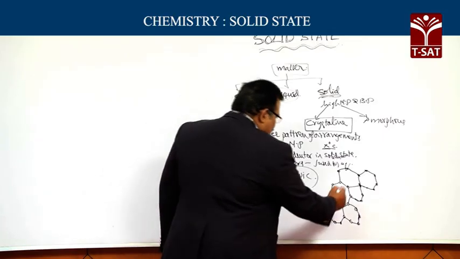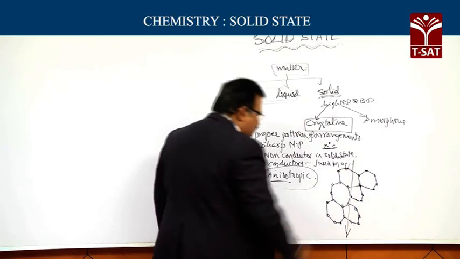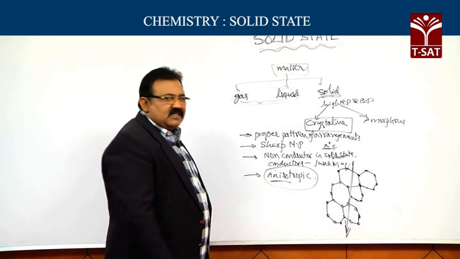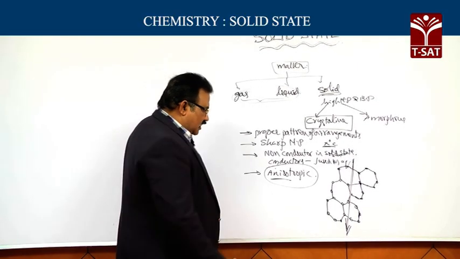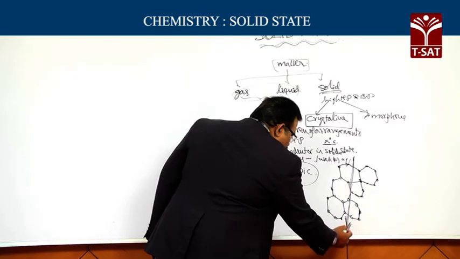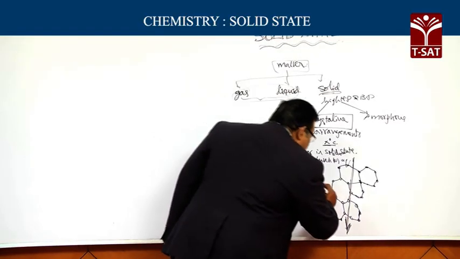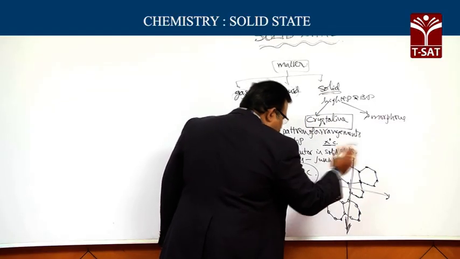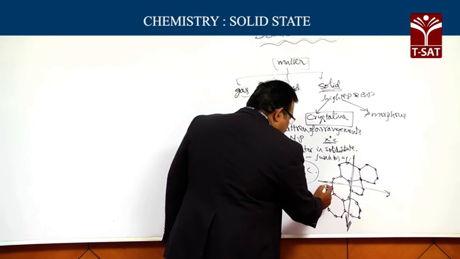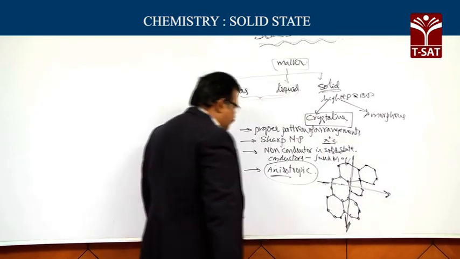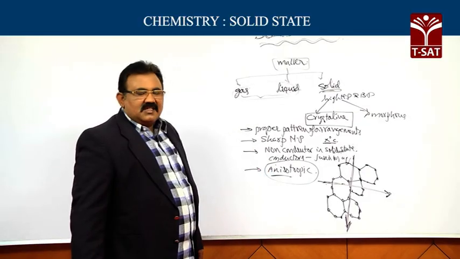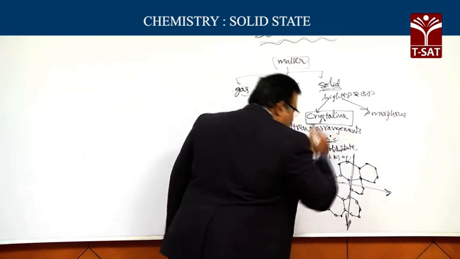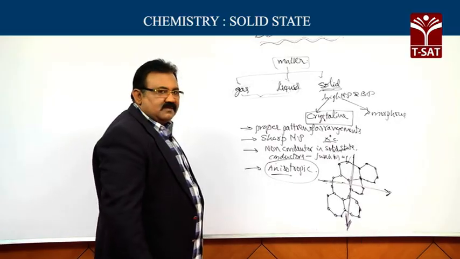Because if you take the physical properties of crystalline solids in this direction, properties like conductivity or thermal conductivity, that is one value in this direction. If you take the same property in this direction, as the atoms or spheres are fewer, the property will change in this direction. Anisotropic means having different properties in different directions.